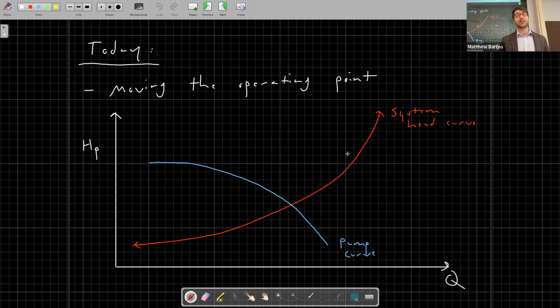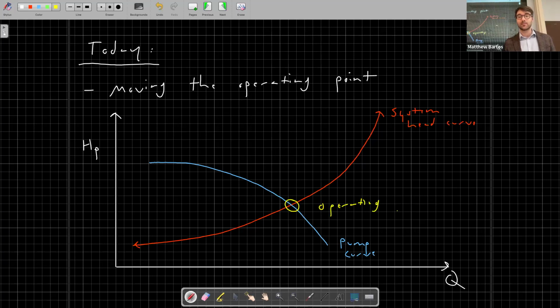Why does the head requirement increase as the discharge through the pipe increases? Due to losses, yes. Mainly frictional losses, but any kind of loss will cause the head requirement that is imposed on the pump to increase. And our general approach has been to find the intersection between these two curves, which we called the operating point.